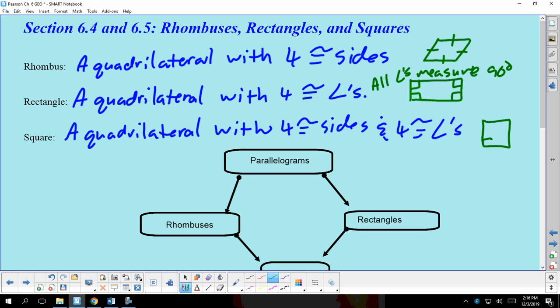A square has 4 congruent angles and 4 congruent sides.